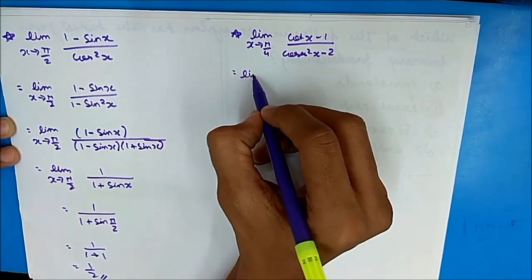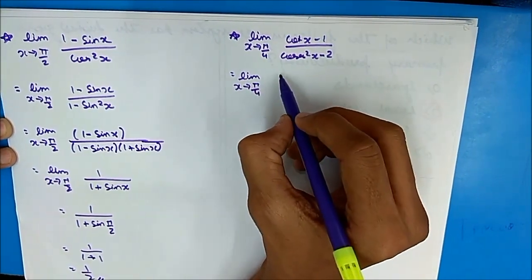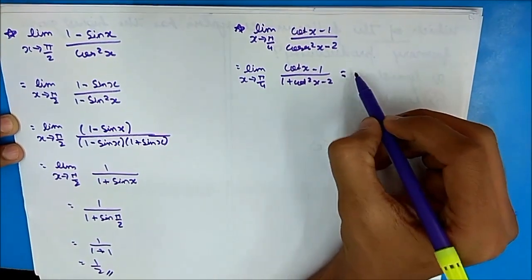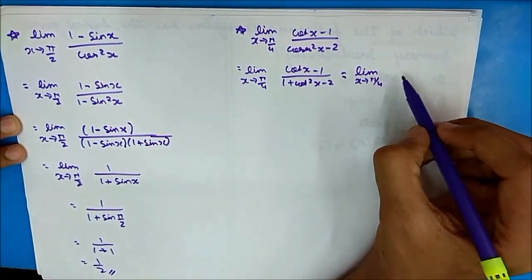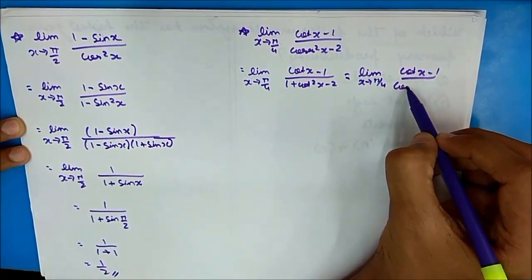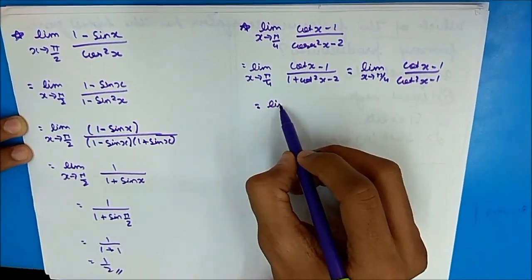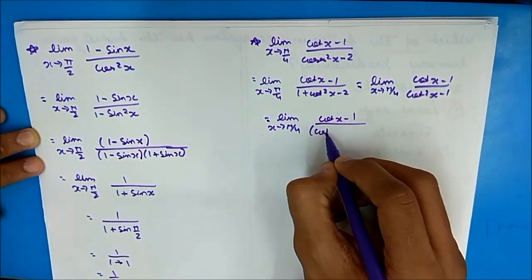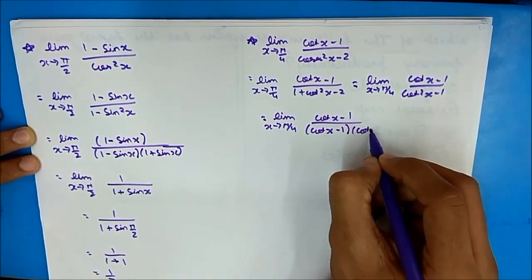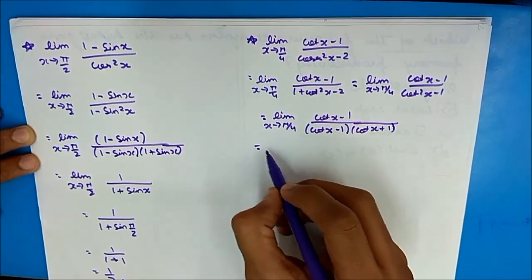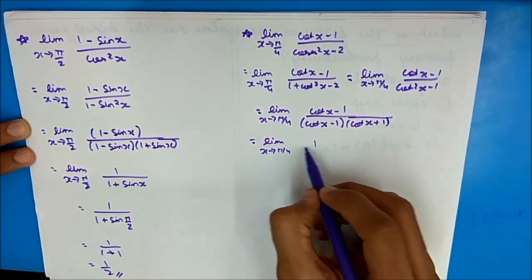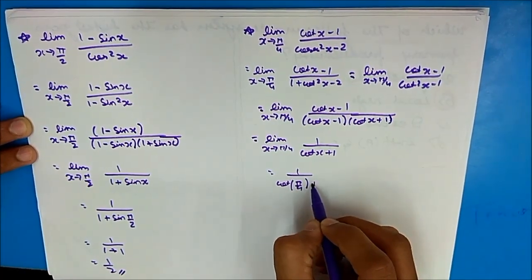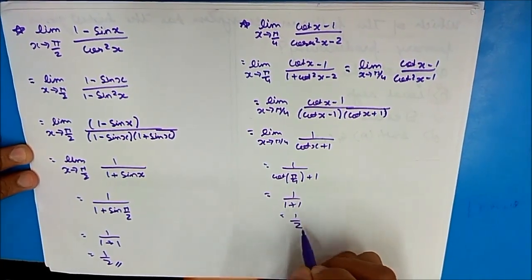So the solution would be limit x tends to pi by 4, cot x minus 1 upon 1 plus cot square x minus 2, is equal to limit x tends to pi by 4, cot x minus 1 upon cot square x minus 1, limit x tends to pi by 4, cot x minus 1 upon cot x minus 1 into cot x plus 1, limit x tends to pi by 4, 1 upon cot x plus 1 is equal to 1 upon cot pi by 4 plus 1, is 1 upon 1 plus 1, is 1 upon 2.